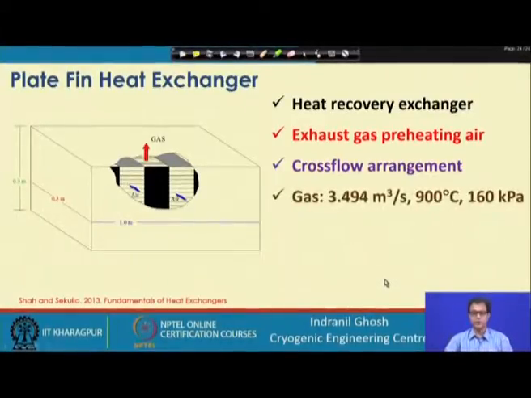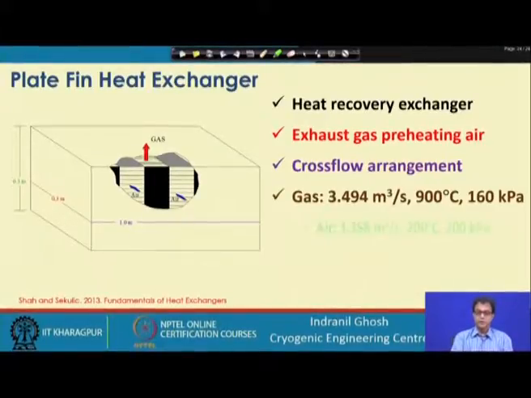Then the gas flow rate is given, and it is a volumetric flow rate, not in kg per second but in meter cube per second, and its entry temperature is also given. It is entering at 900 degrees centigrade at a pressure of 160 kilopascal.